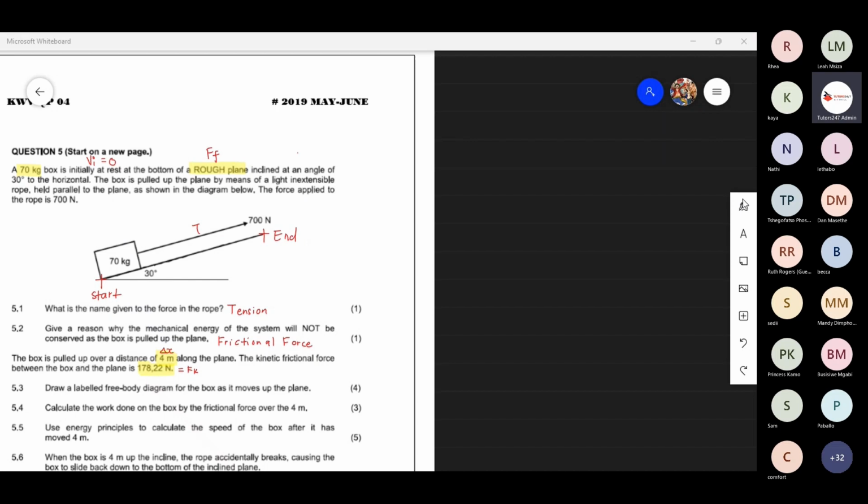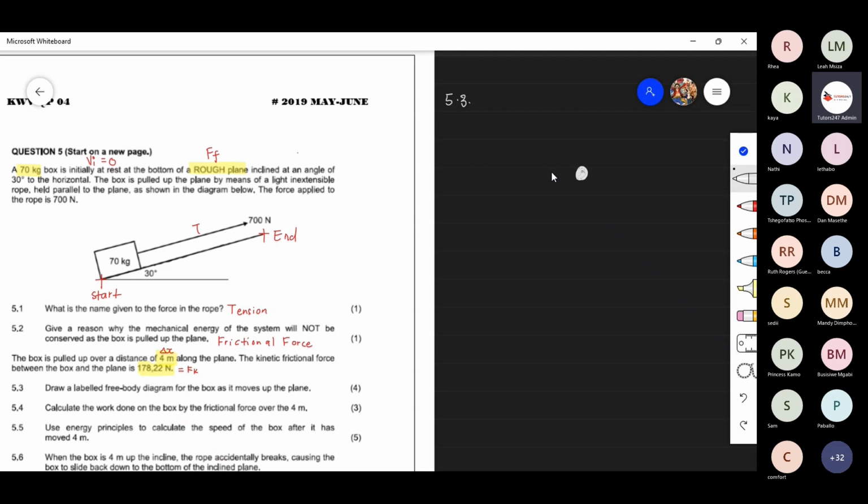So when you are drawing a free body diagram, you start with a dot or a square. That will represent the object that is in question. So I'm going to use a dot. Now that represents my 70 kg object.